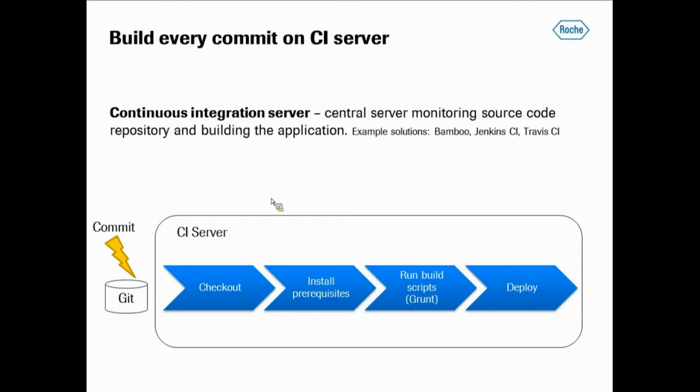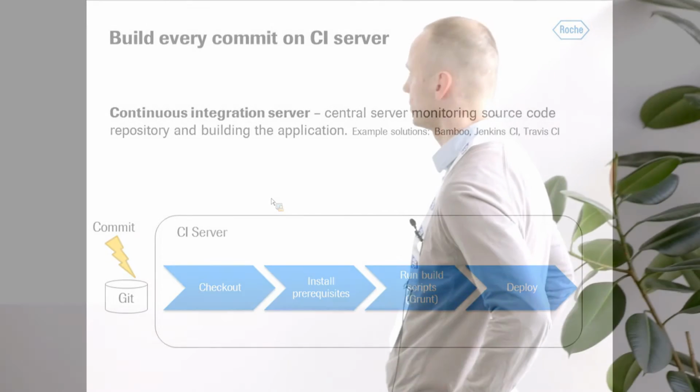And there are multiple solutions. So there is, for example, Travis continuous integration, which has very good integration with GitHub. Jenkins is popular, and we are using Bamboo because that's basically the same vendor who is providing Stash, Git hosting, and also Jira.